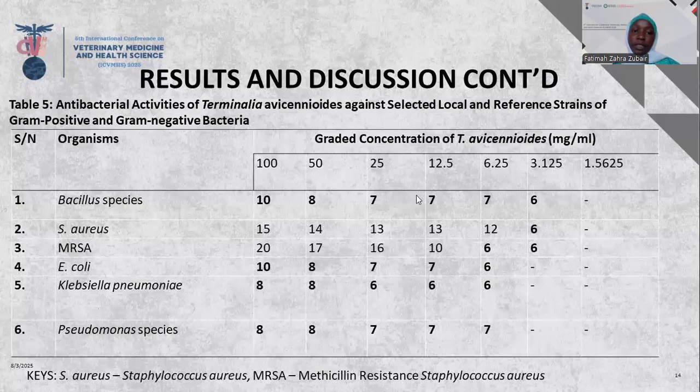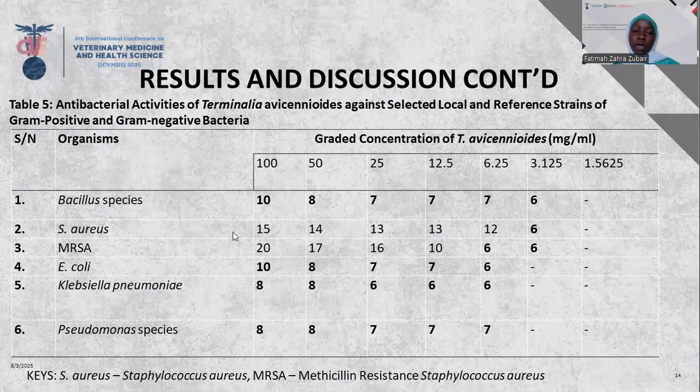In a study conducted by Ajayi et al. 2020, they showed the leaf extract of Terminalia avicennioides. The minimal inhibition for Bacillus subtilis was within 2.5 to 5 milligram per ml, which is in contrast to this study. As we can see, Bacillus here is within the upper range, and we attributed it to species variation.